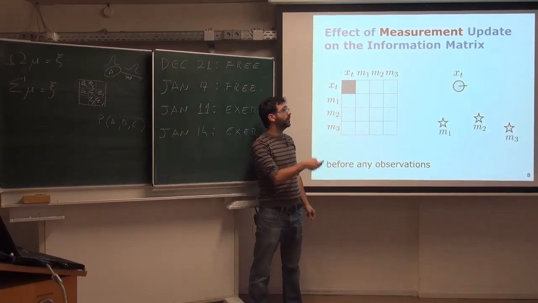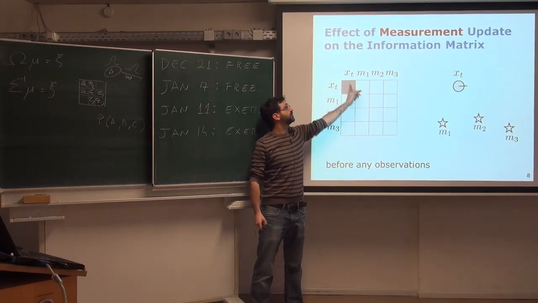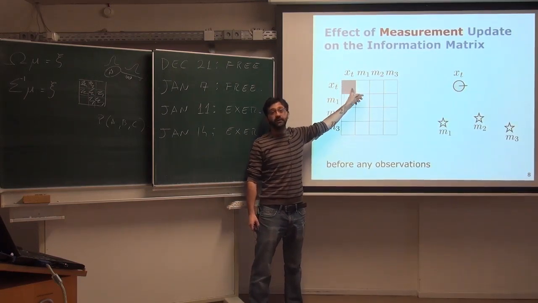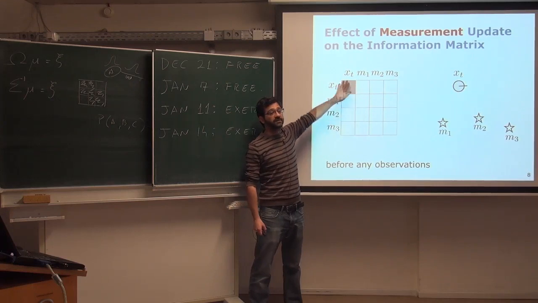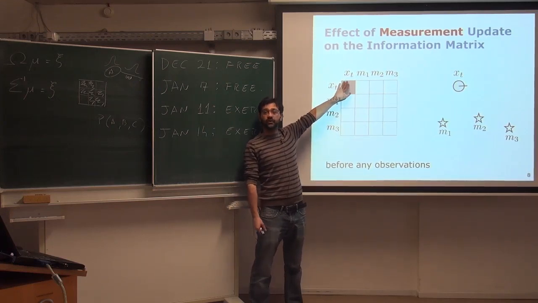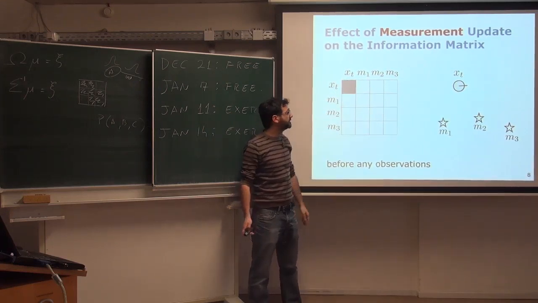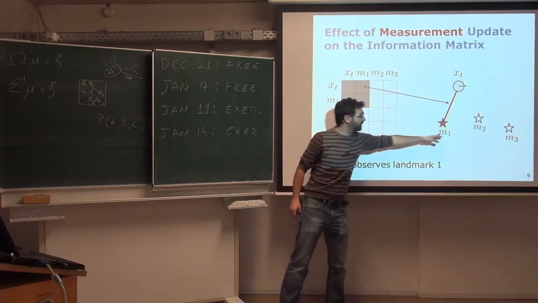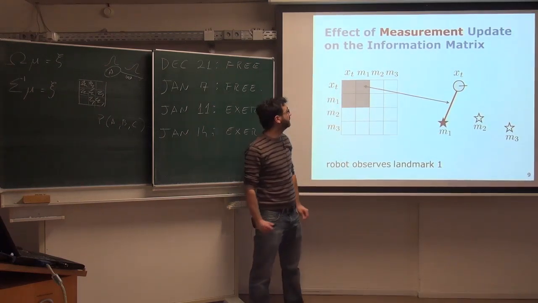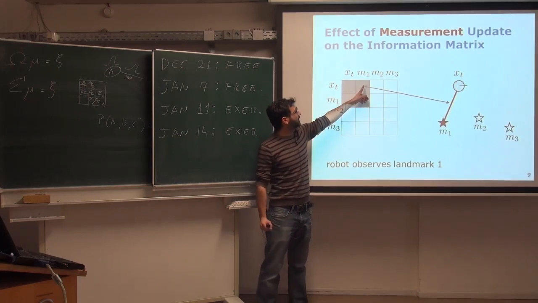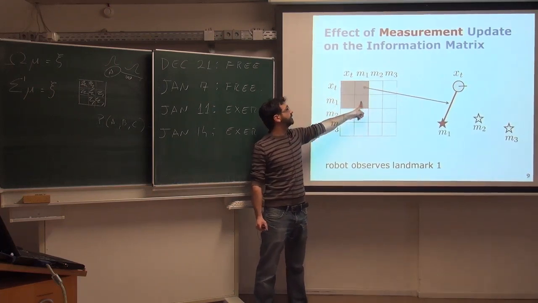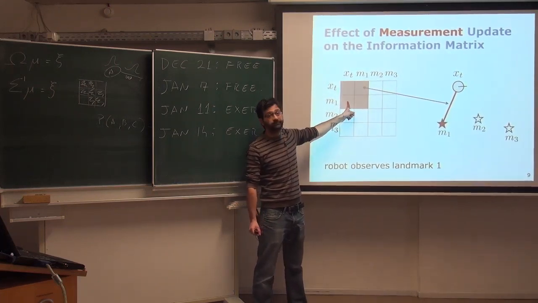The robot is turned on, and the filter is initialized with a certain information on the pose, so the prior information on where the robot is when it starts. And then it starts observing landmarks. It observes the first landmark, M1, and it updates this part here, and this part here.